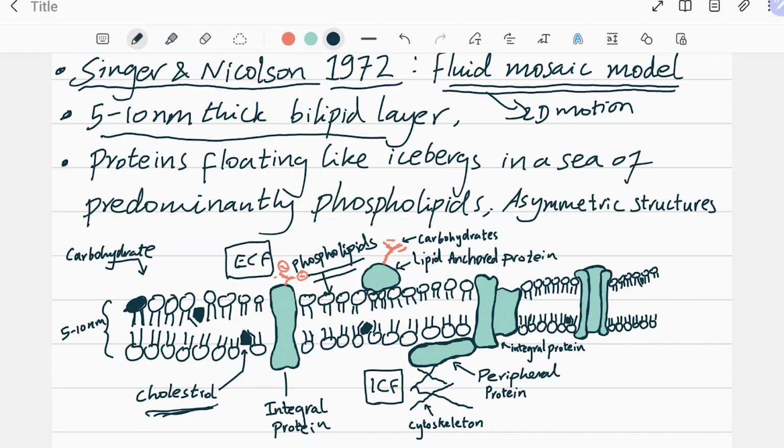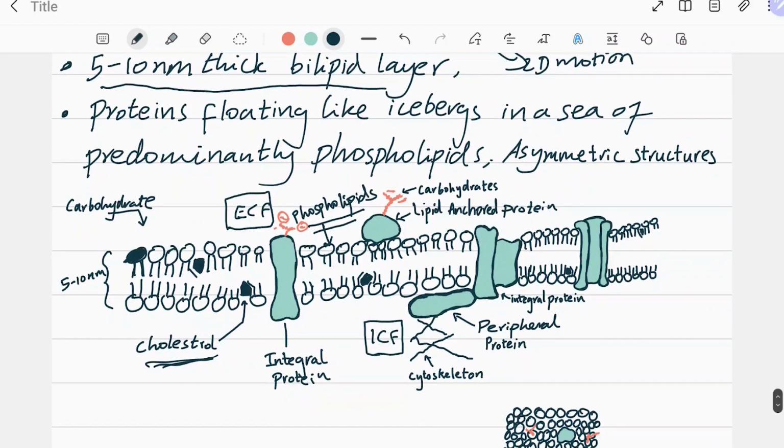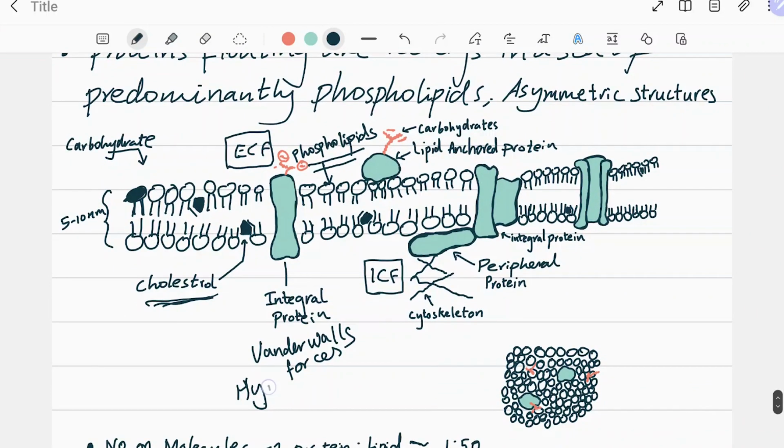The integral proteins are bound by van der Waals forces. Okay, van der Waals forces and hydrophobic interactions for the integral protein.